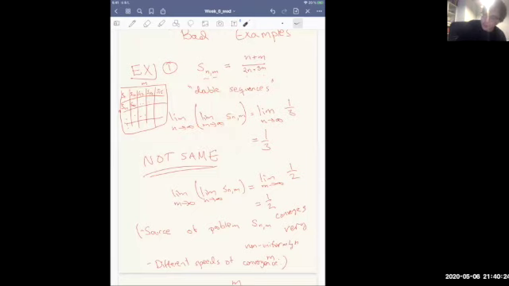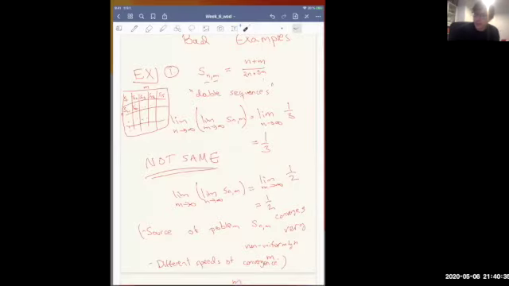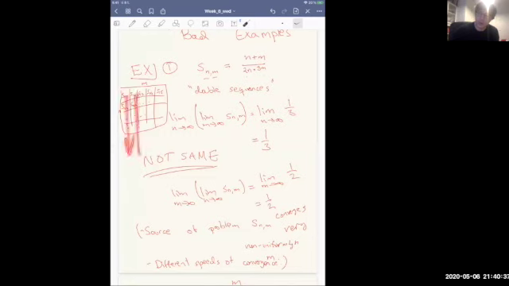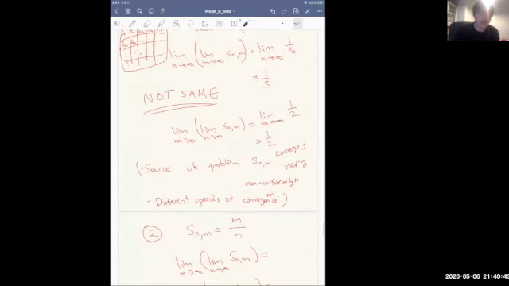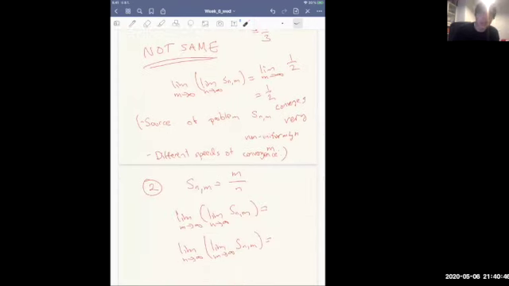And the other one is you go down here, and then you go over. And if these rows converge at very different speeds, then there's no reason that you get the same result if you go the other way first. It's a little subtle, but it's best understood initially by examples.